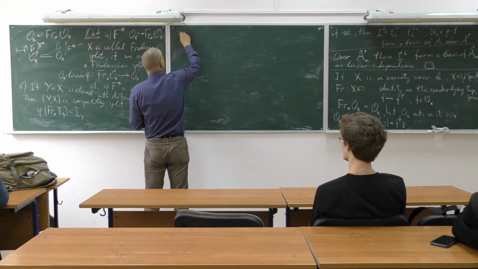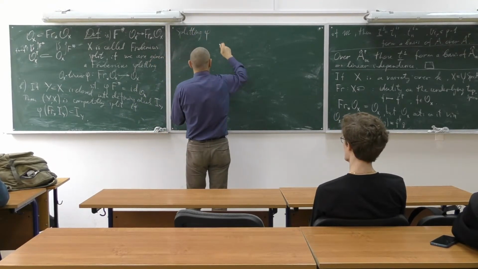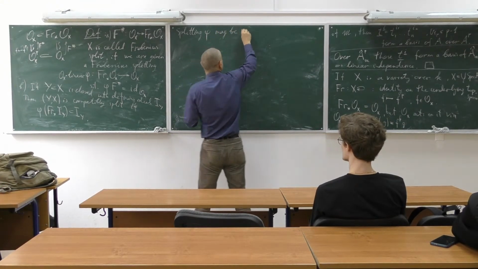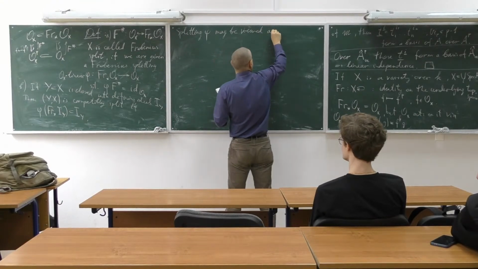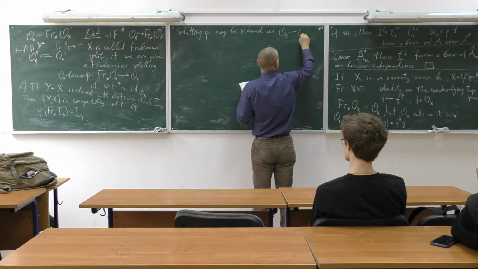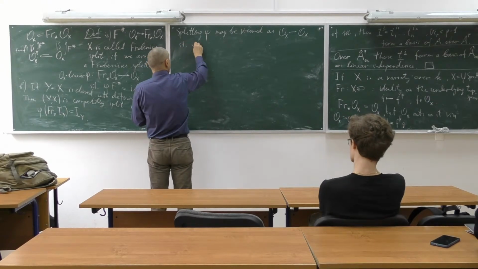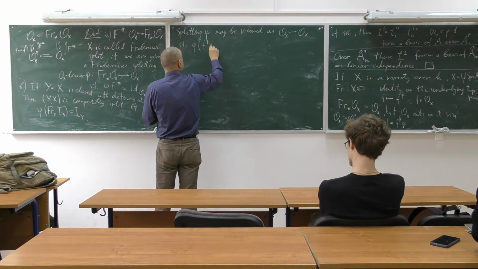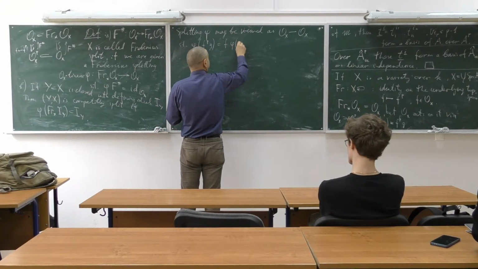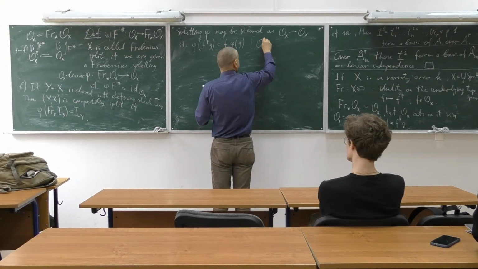This splitting phi, in other words, may be viewed as an endomorphism, so to say, from OX to OX, such that phi of f to the power p times g is f times phi of g. So I say that it is OX to the p linear.